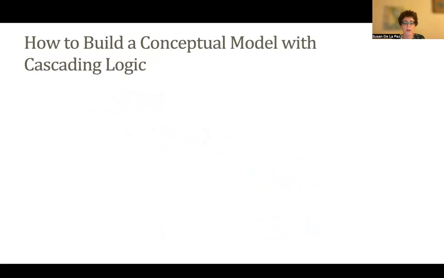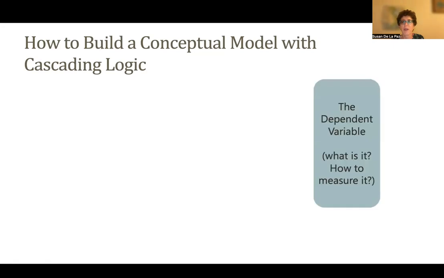Now we're going to talk about how you build your own conceptual model using this kind of logic. This slide is going to get full, but I'm going to start on the right and move left. The first thing I need to think about is my dependent variable. What am I going to measure? How do I measure my dependent variable?